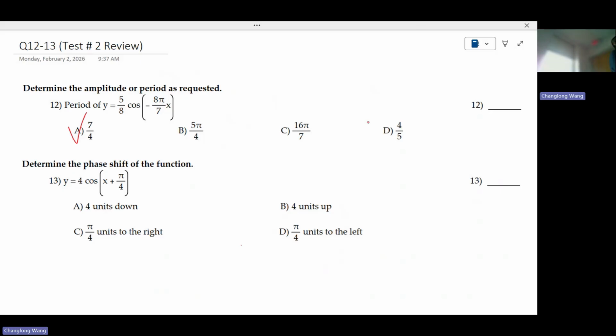So now, real quick, cosine of 2 pi x, can you guys tell me what's supposed to be the period? 1, right? But what about pi over 2 times x? Okay, so now it's getting less intuitive, right?